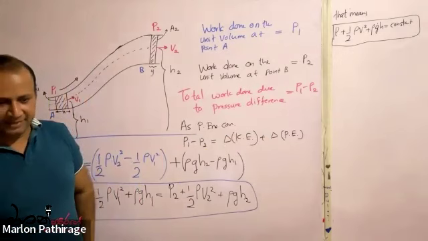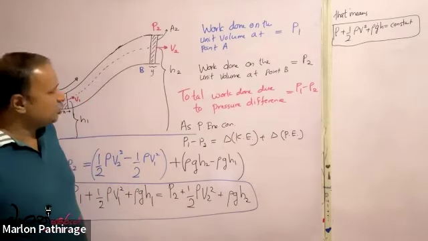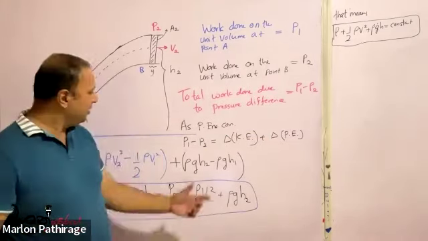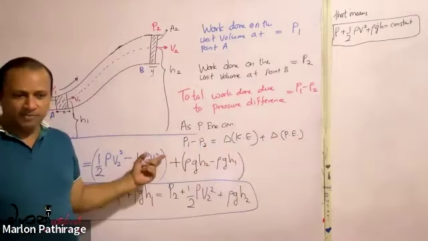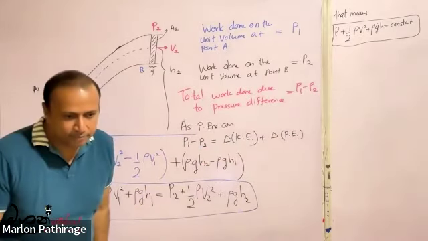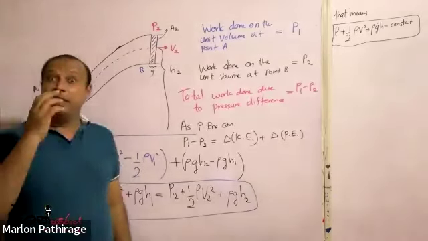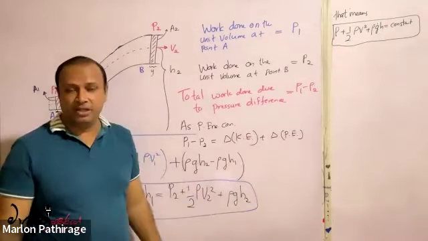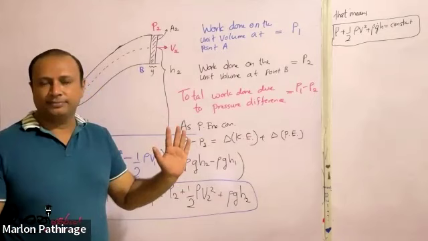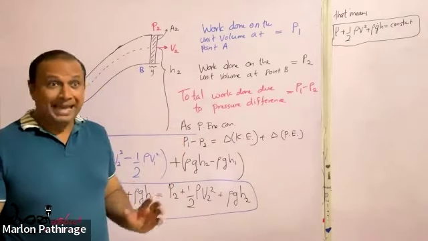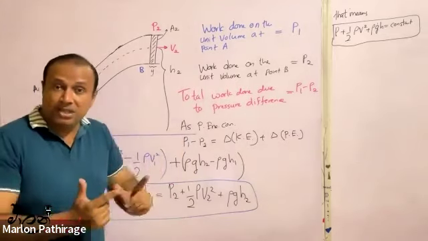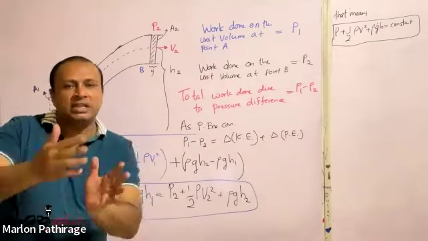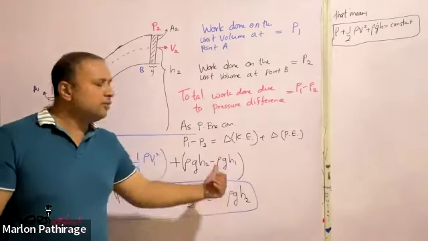Okay. So this equation is valid as long as this expression is valid. That means if the pressure difference is equal to the change in kinetic energy and change in potential energy, then this is valid. But if this pressure difference is used to do other work, then this will not be valid.